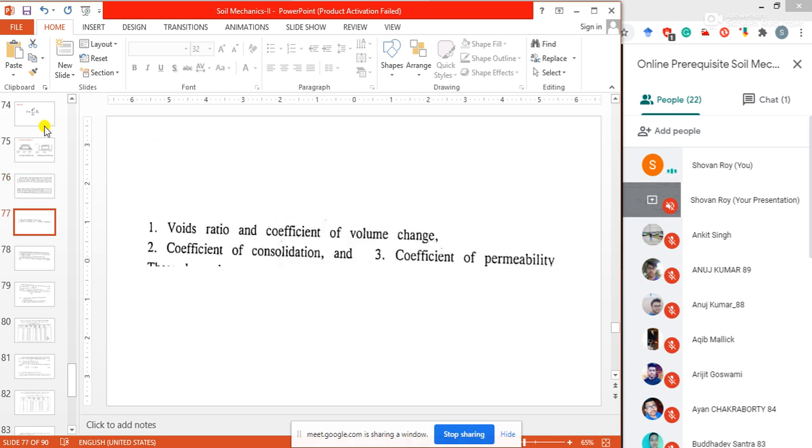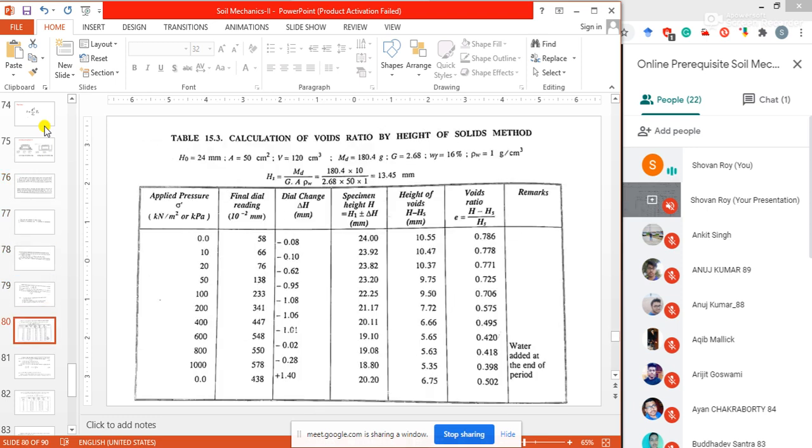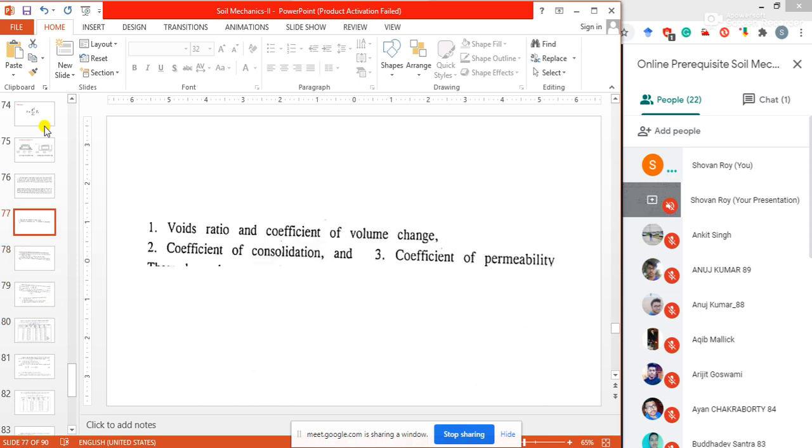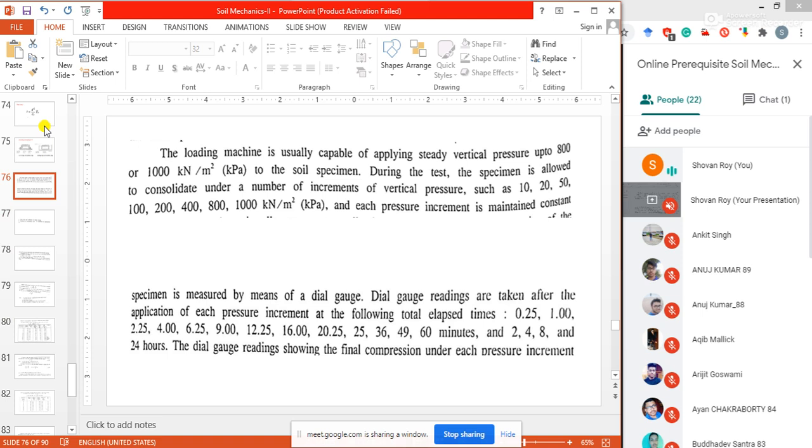Suppose these are the values: 0.25, 1, 2.25, 4, 6.25, 9, 12.25, 16, 20.25, 25, 36, 49, 60 minutes. These are the values of elapsed time.